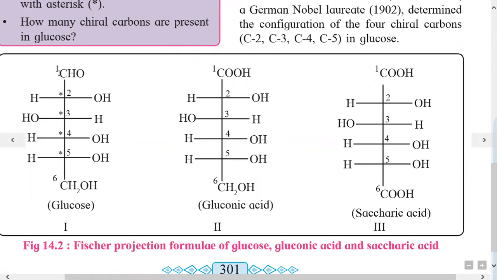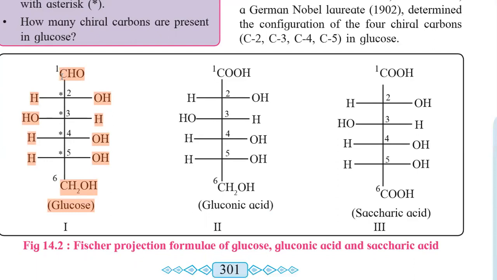The glucose molecule contains CHO on the first carbon, that is the aldehyde functional group. The second, third, fourth and fifth carbon atoms have OH groups, and the sixth carbon atom is a CH2OH. It is a primary alcoholic group.